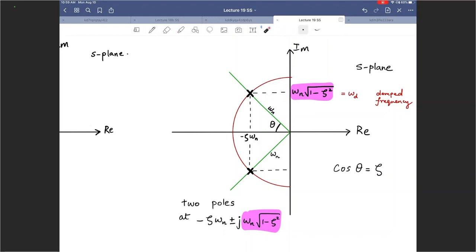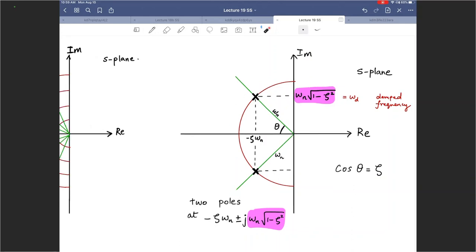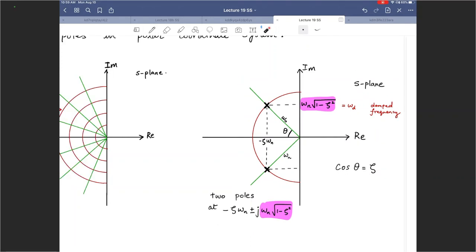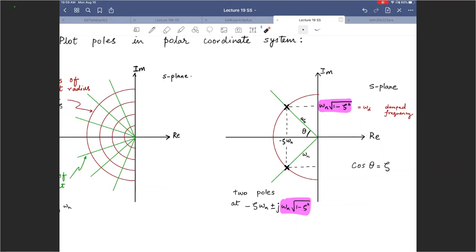Next, how can I find out zeta? Well, because I know the two locations, I know the x and the y. I know the real part and the imaginary part for those poles, right? They lie on one certain line and one red circle, because over here I'm considering zeta and omega n to be constant, right?